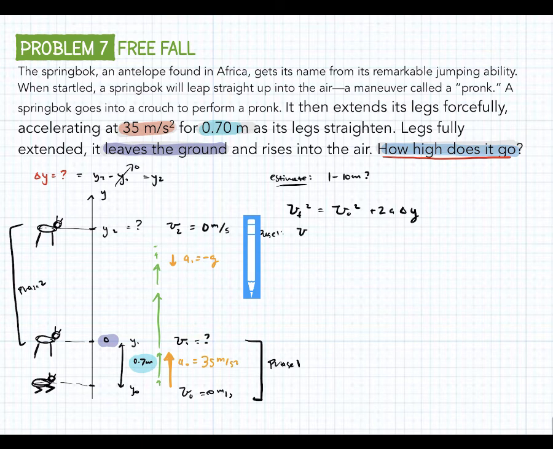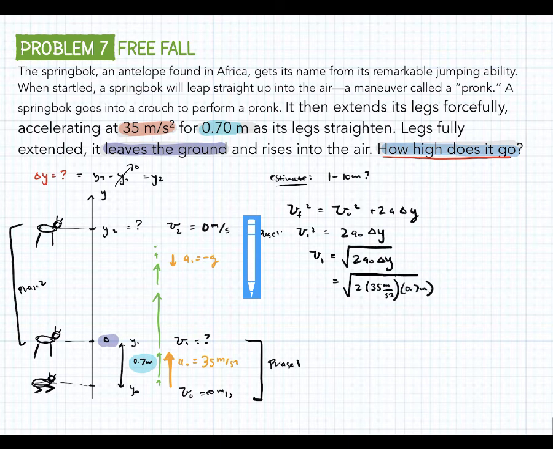That means v1 squared is equal to v initial squared, but remember, our v initial here is 0. So that becomes 2 times our acceleration a0 times delta y. These are the things we know, so v1 is going to be equal to the square root of 2a0 delta y. In this case, this is going to be 2 times 35 meters per second squared, and delta y is 0.7 meters.